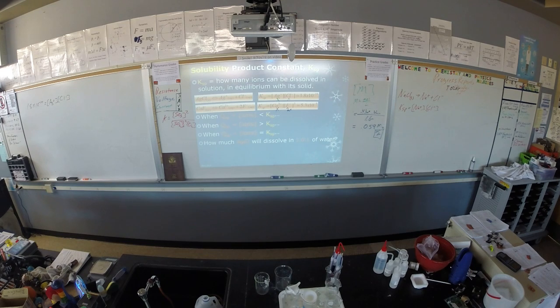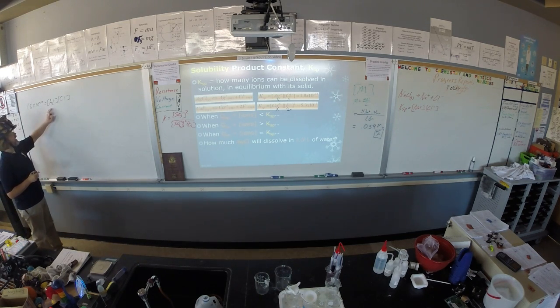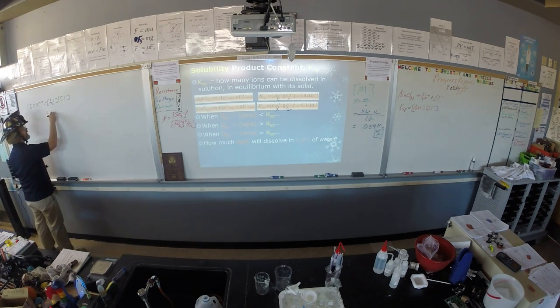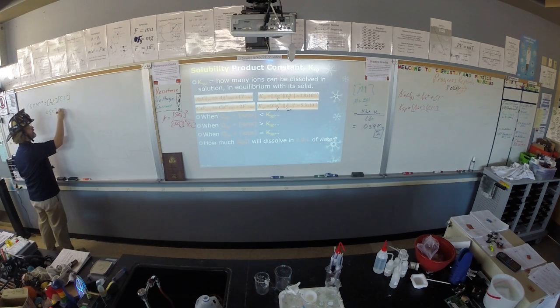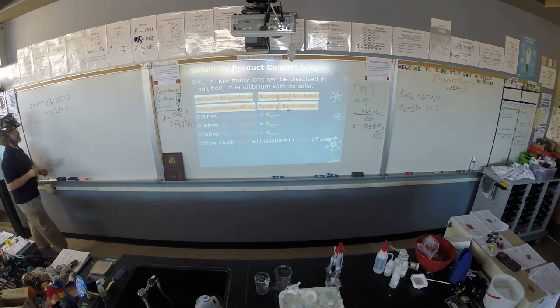So far so good? Okay. Next. We know that for every silver, there's how many chlorines? 1. So that means if you have X concentration silver, you have X concentration chlorine.